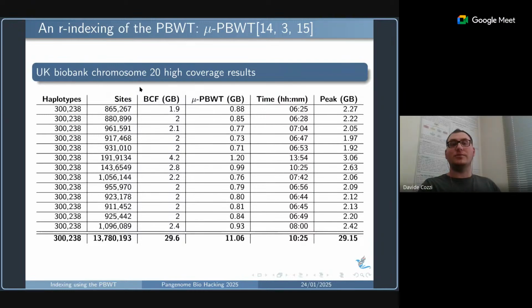These are the results for chromosome 20. As you can see, these panels are really sparse, and the sparser the panel, the fewer runs it has. So this is the best scenario for us, but our index is lighter than the input size. So it's a really interesting result.